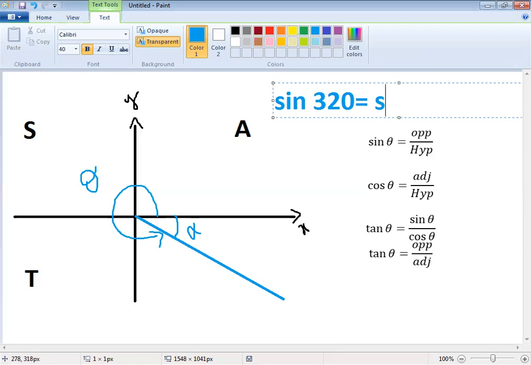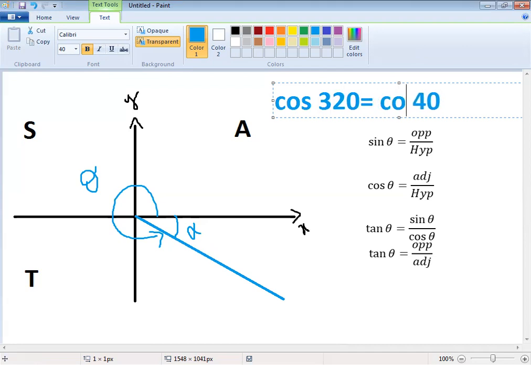So you will take the help of sine 40. But positive or negative? Why? The opposite side of the acute angle that will be formed will be negative, that's why. Okay, what if I were to find cos 320?